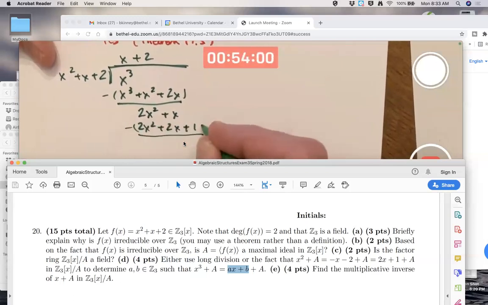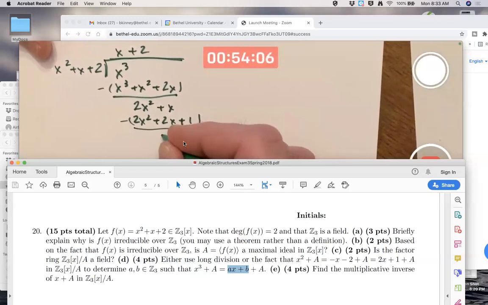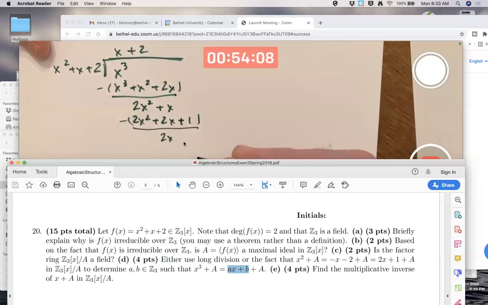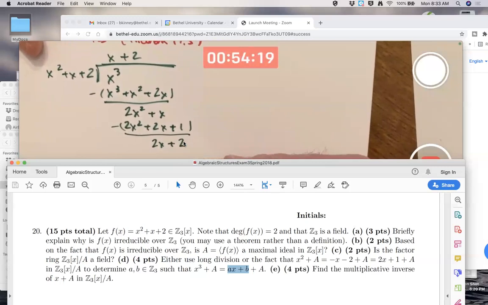Subtract. x minus 2x is -x, mod 3 is 2x. 0 minus 1, mod 3 is 2. Right? Double check things. Let me know if you think I made a mistake anywhere. I think this is okay.